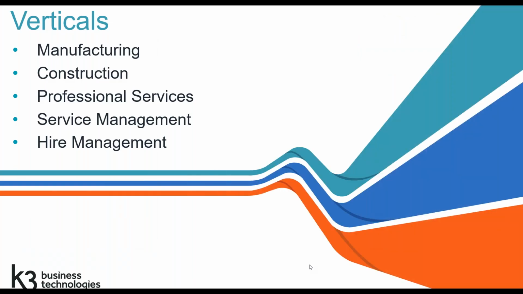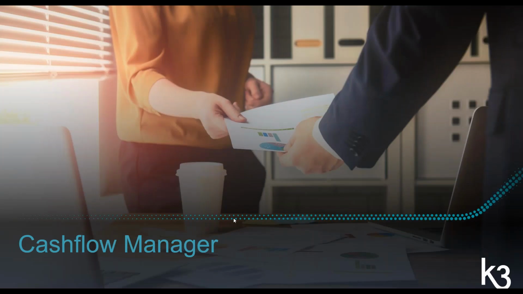There's also a number of verticals that Sicon address that we address through the Sicon software. So areas like manufacturing, construction, professional services, service management with engineers and call outs, as well as hire management. I'm not going to be covering any of those today. I'll be covering those in other webinars in the future and have done so in the past. It's really just to reference them at this point.